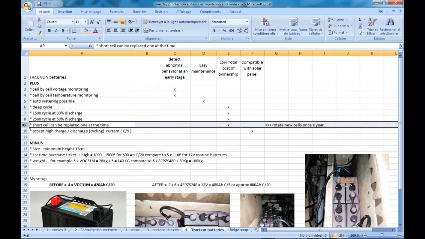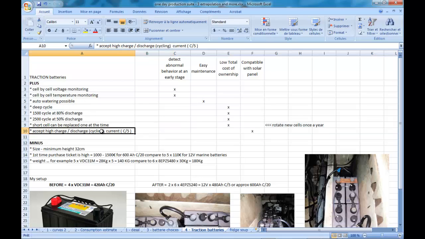Here, if you have one dead cell, then you can change the dead cell. What a dead cell means is most likely a shortcut. Other than that, the battery might probably need some equalization or regeneration. But if the battery is dead because of a shortcut, then you can change it at a lower cost.